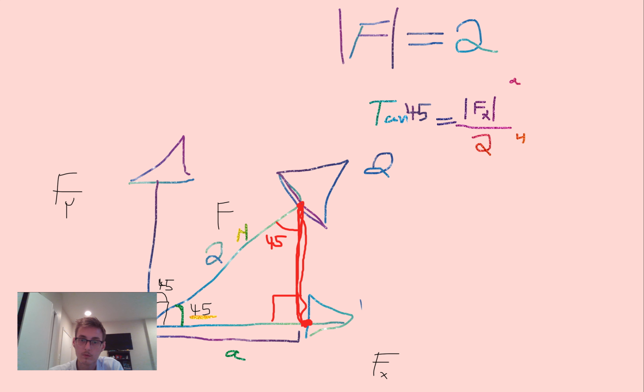So 2 times tangent 45 equals the magnitude of your x component, your vector in the x direction. So I'm just going to pull out my calculator here and plug this in. Let's see.